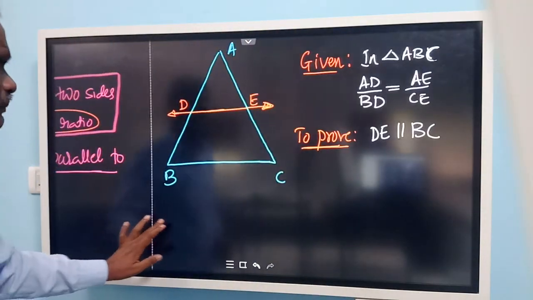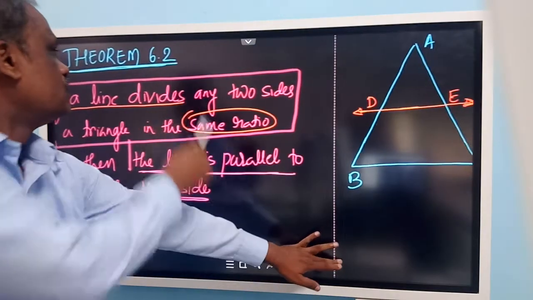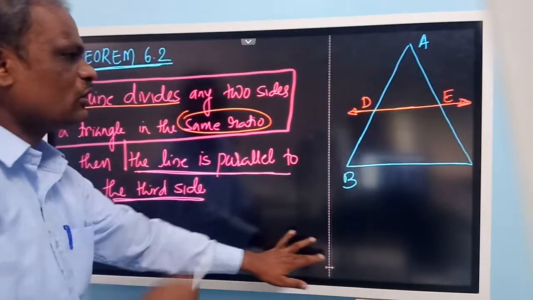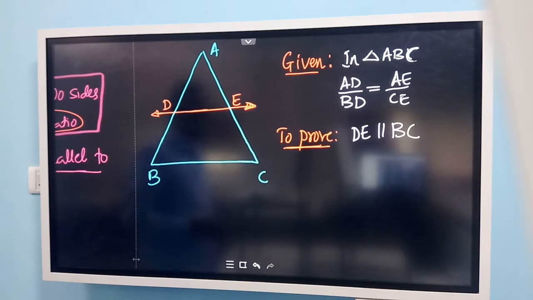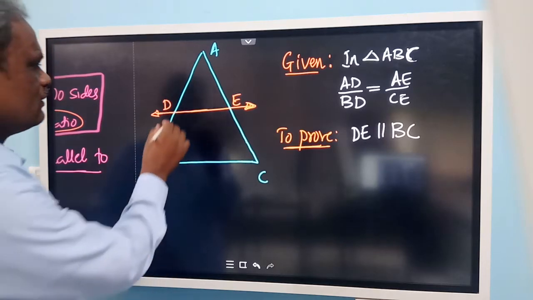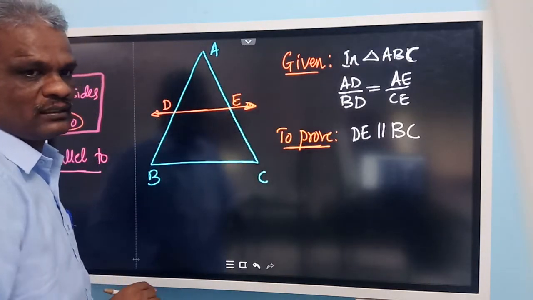See, by looking at the statement itself, we have written the diagram and these two. So this is given and this is what we have to prove. Before we prove that, look at this. It is given that AD by BD is equal to AE by CE. Keep that in mind.